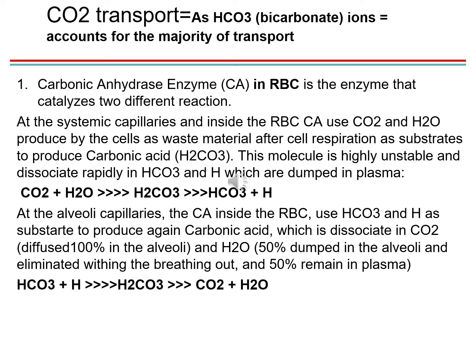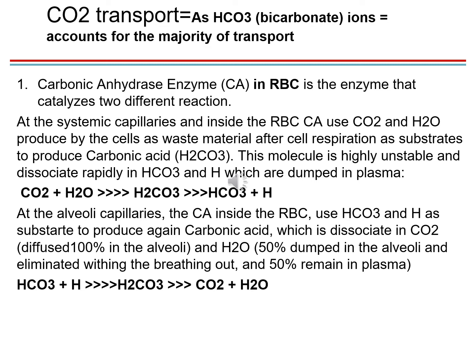So keep in mind that inside that bicarbonate we have the carbon dioxide, and most of the time it is hidden in that bicarbonate. Now, at the alveoli capillaries, after all the swimming inside the blood, most of the time hidden in that bicarbonate, that carbonic anhydrase enzyme uses two different substrates.